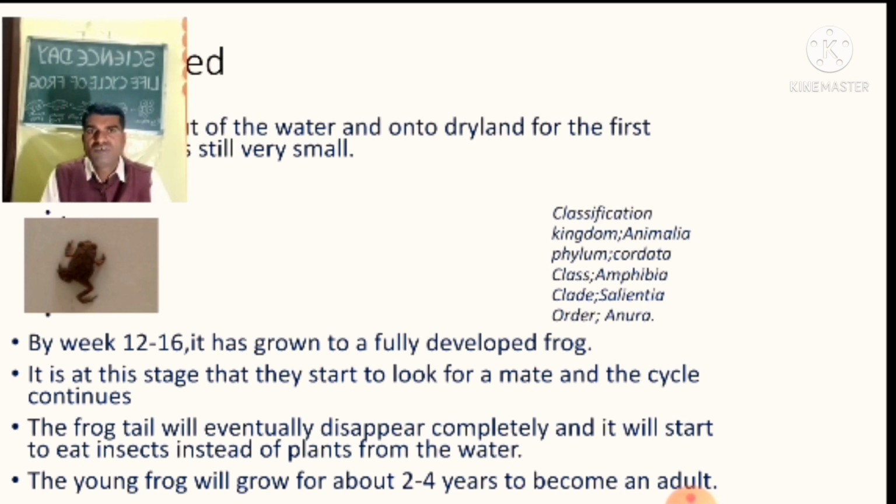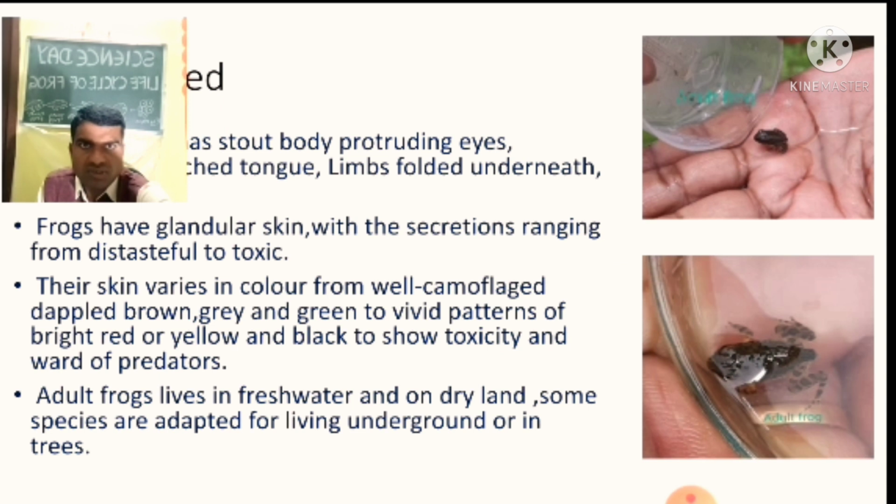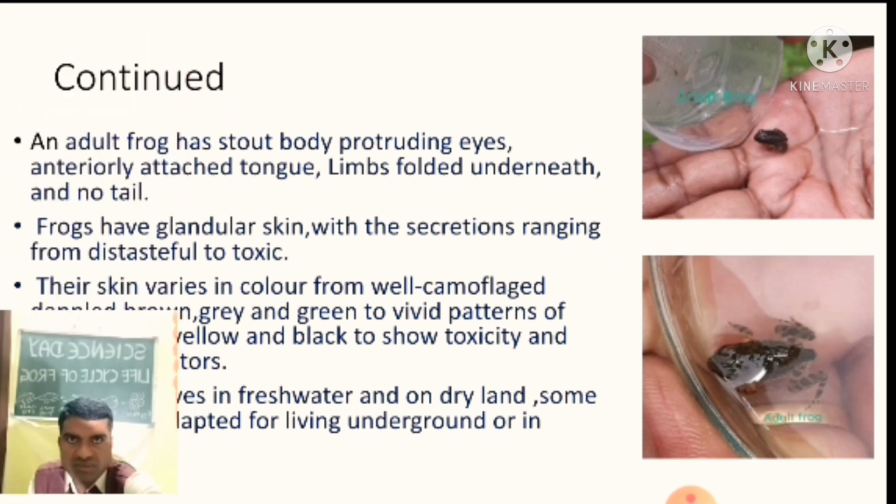The frog tail will eventually disappear completely and it will start to eat insects. The young frogs will grow for about 2 to 4 years to become an adult. Now, continuation part.